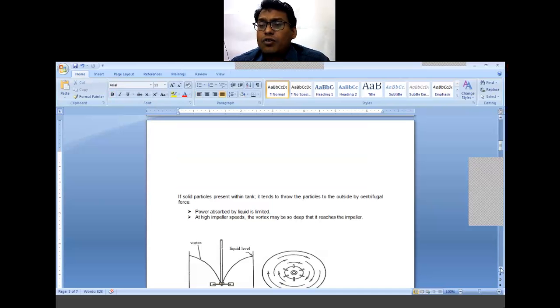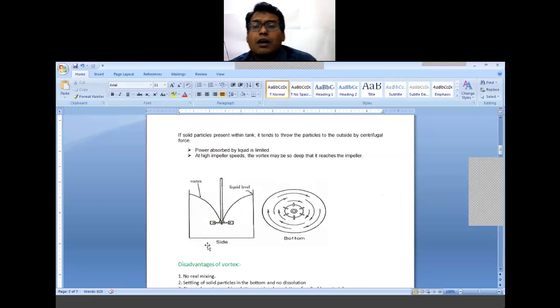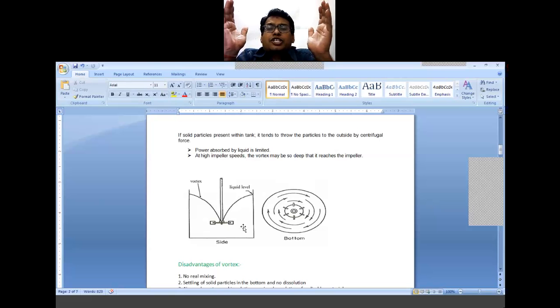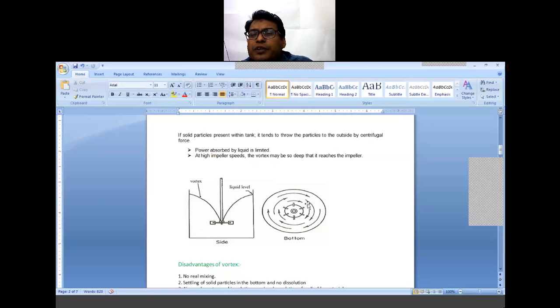And here also it's up to the impeller only, the fluid that moves in the upward direction, and the gap or the air that will be available up to the impeller in this flow. Because if you look at the flow pattern, the fluid simply swirls around, and rotation of the fluid will be observed.